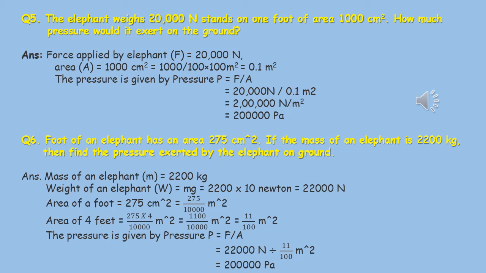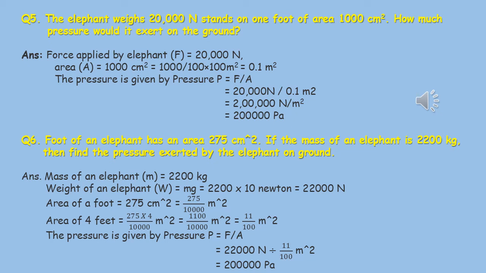We are getting 0.1 meter square. Pressure is equal to force by area. So 20,000 by 0.1, that is 2 lakhs Newton per meter square. That means 2 lakhs Pascal. Newton per meter square is Pascal, that is the SI unit of pressure.